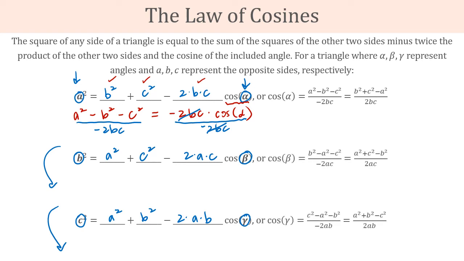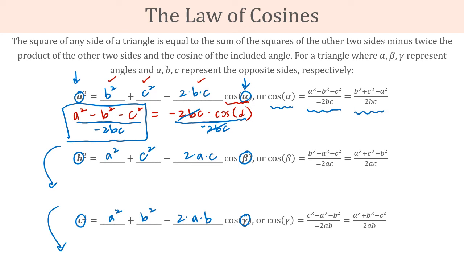Notice that when, let's just look at the first example, when they solved for the cosine of alpha, the first formula here is the one that we did, the a squared minus b squared minus c squared, all divided by negative 2bc. That's what we wrote here to solve. The variation of that is simply factoring out a negative 1.